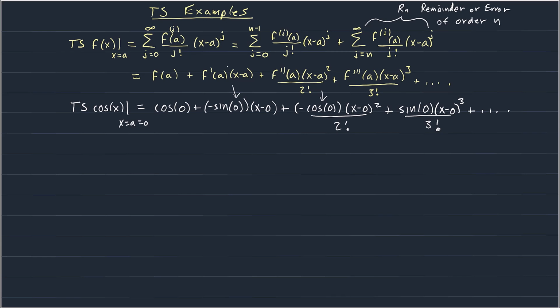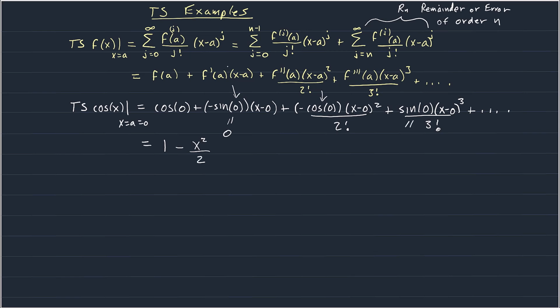So we can evaluate these terms. The cosine of 0 is just 1. The sine of 0 is 0, so this gives a 0 in the sum. And then we have a minus 1 times x squared over 2 factorial, which is just 2.